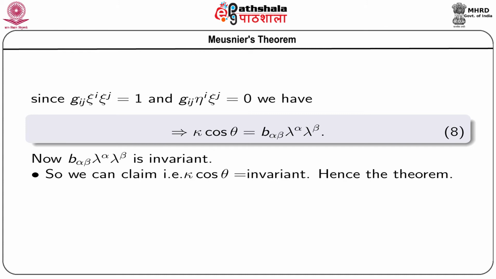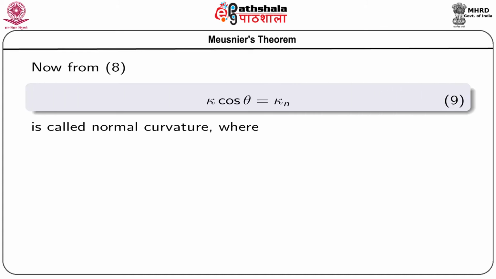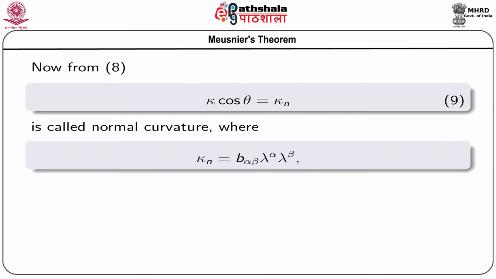Now, from this theorem we get a very new concept about the surface geometry, that is the normal curvature of a surface. This kappa cos theta is denoted by kappa_n, and this is called the normal curvature of the surface, where kappa_n is nothing but b_alpha beta lambda^alpha lambda^beta.